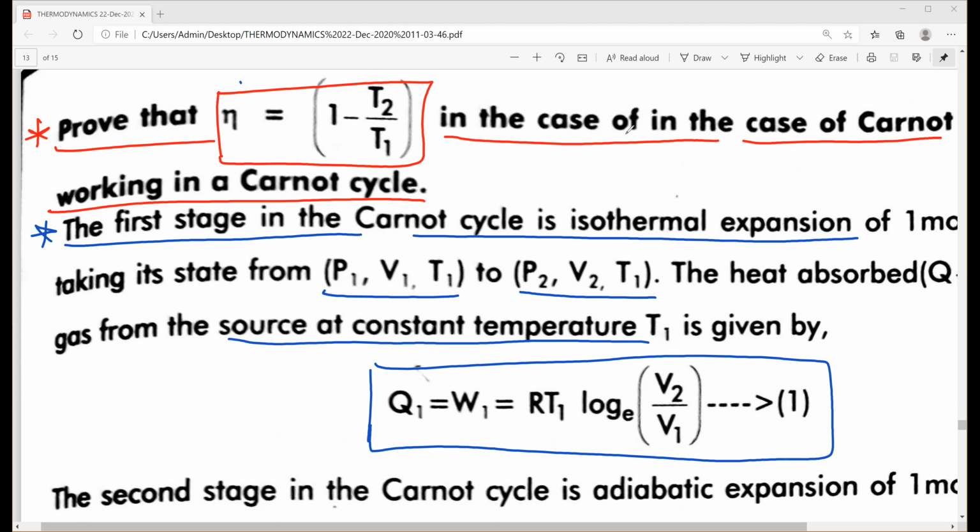In the same way, we will represent mathematically how things change in the 4 stages. So let us see how we are going to derive or show the efficiency eta is equal to 1 minus T2 by T1. This is the first stage. And the second stage: what is the second stage in the Carnot cycle?